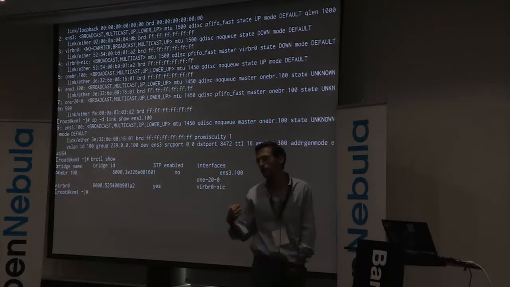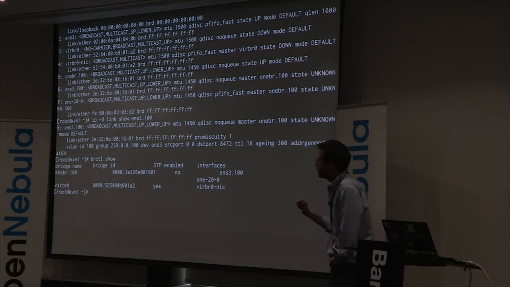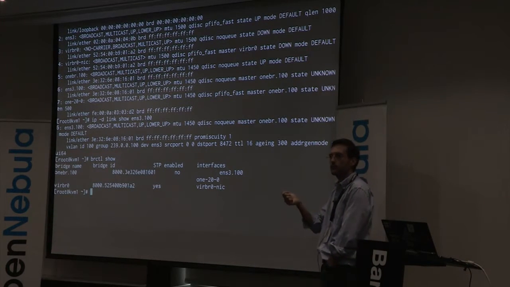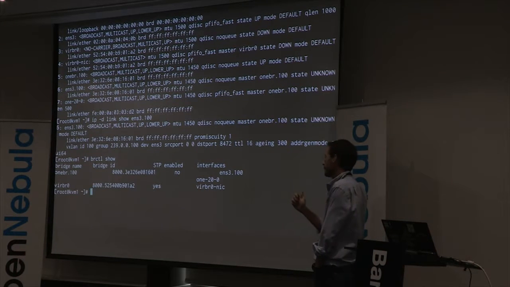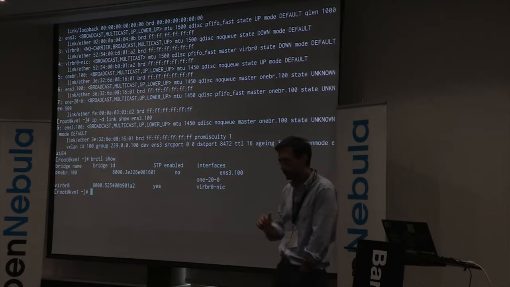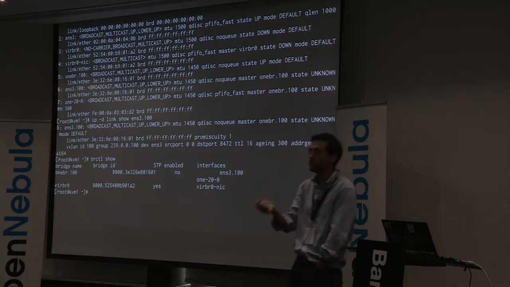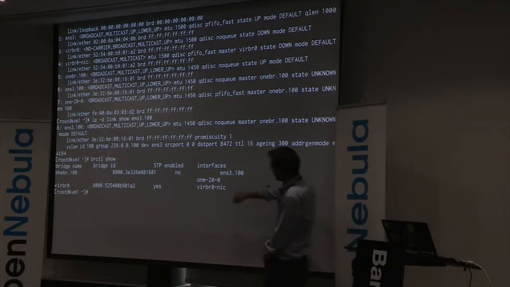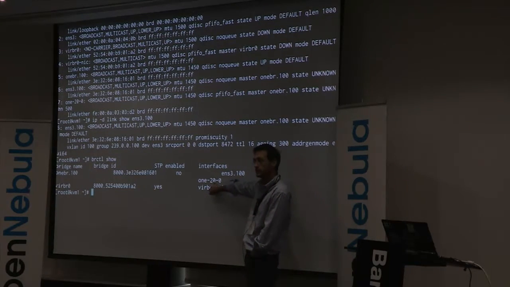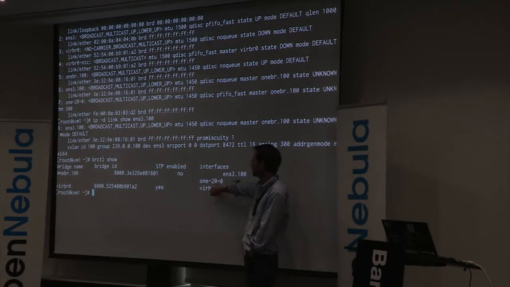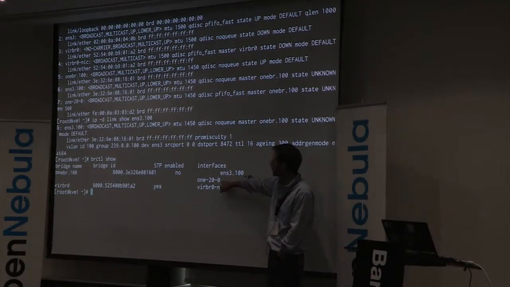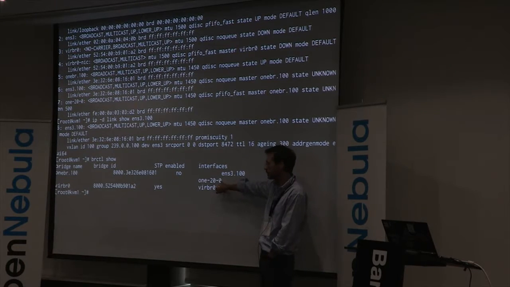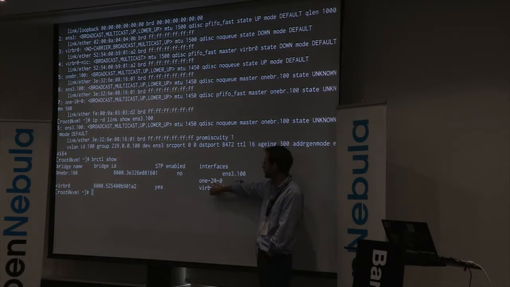If you take a look to the names, they have well-known names, so if you need to do administration tasks at the hypervisor, it's easy to identify which VMs are attached to which interface, because this corresponds to the VM ID. This is virtual machine 20 in OpenNebula, and this corresponds to the network interface. So this is the first interface of virtual machine 20.